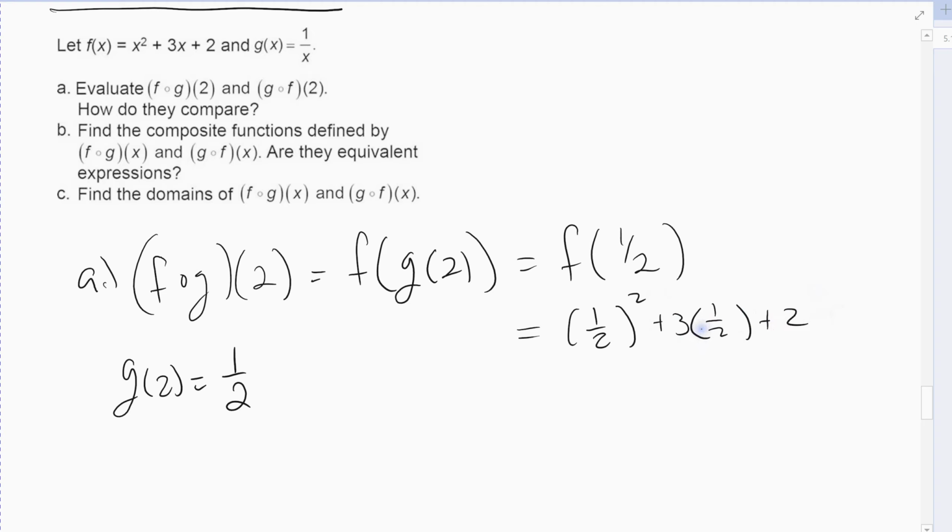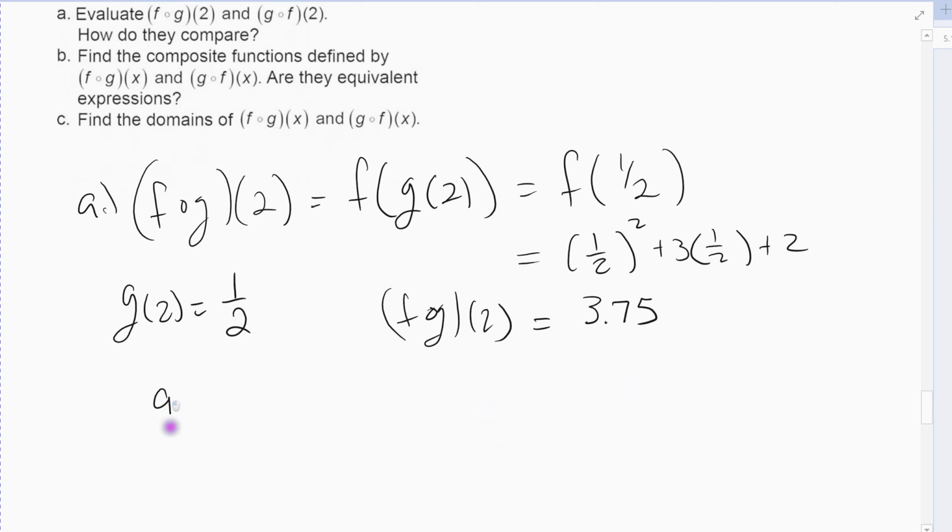And then we simplify and we get 3.75. That is f of g of 2.